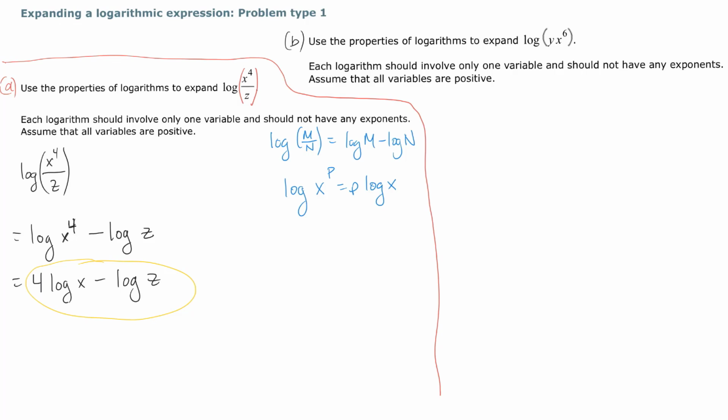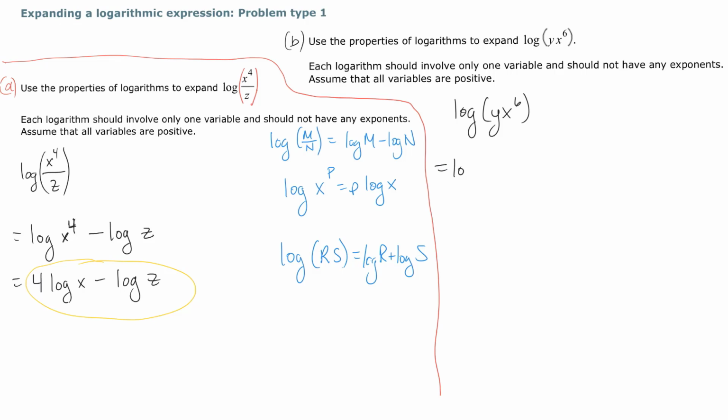How about part B? What do we do with part B? Well, there's another log property. Let's say it's log of r times s. That is going to equal the log of r plus the log of s. So how can we rewrite the expression log of y times x to the 6?